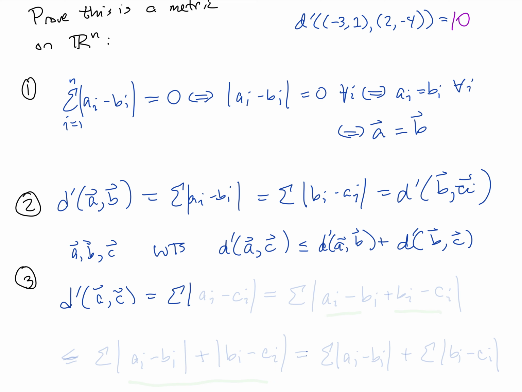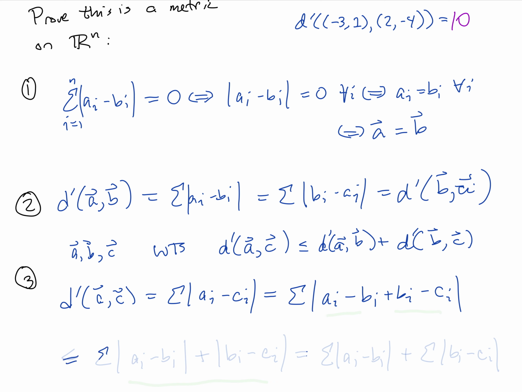As we saw, that's the sum of |ai minus ci| summed over n. And like we did before, we're going to do the same trick of ai minus bi plus bi. We're just sticking in a plus and minus right in that summation.